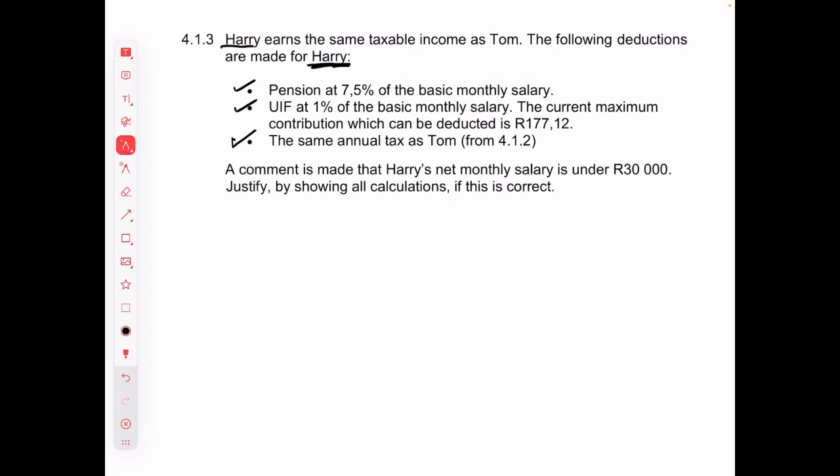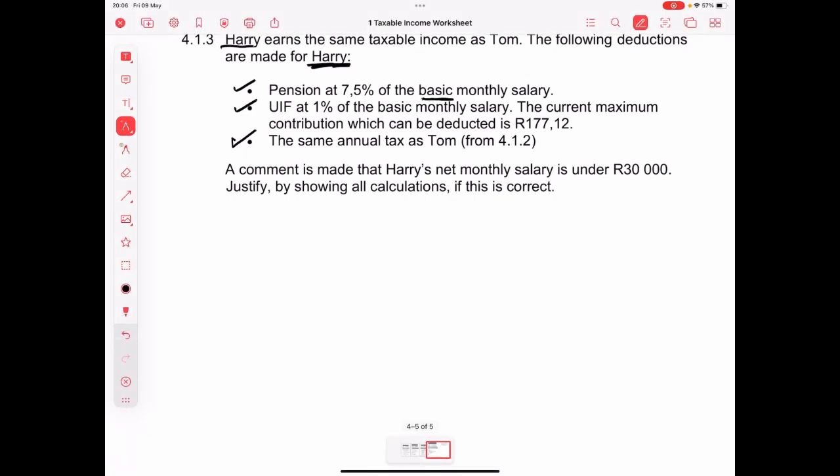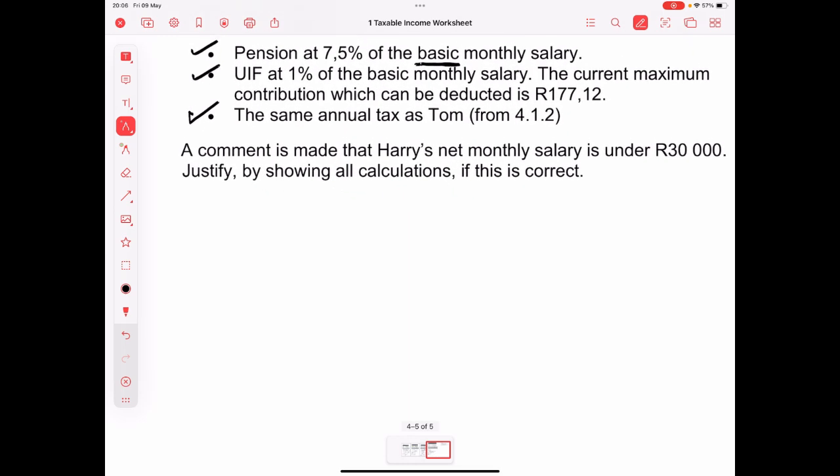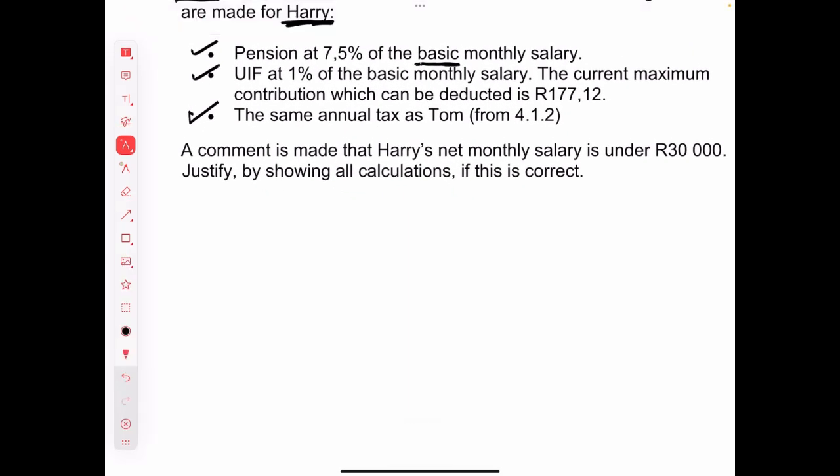So pension is charged at 7.5% of the basic salary. So that means that you will leave out the allowances if you do have allowances. And UIF is 1% of the basic monthly salary, but the current maximum contribution which can be deducted is 177 Rand and 12 cents.